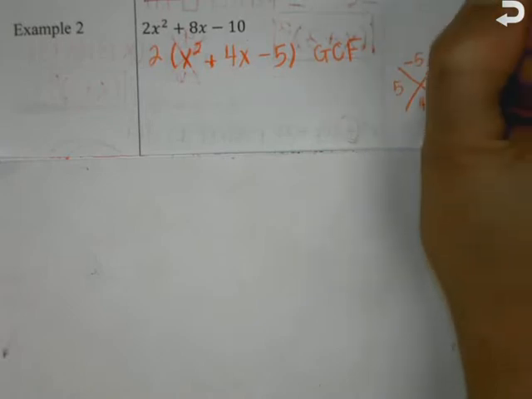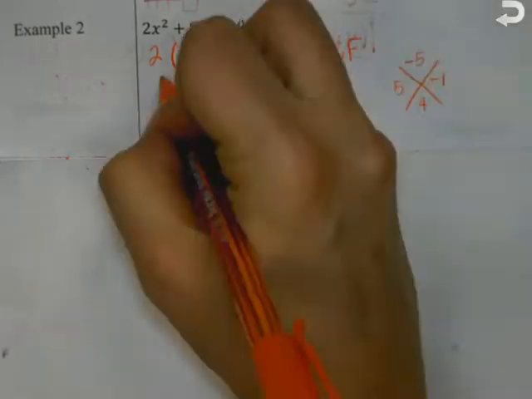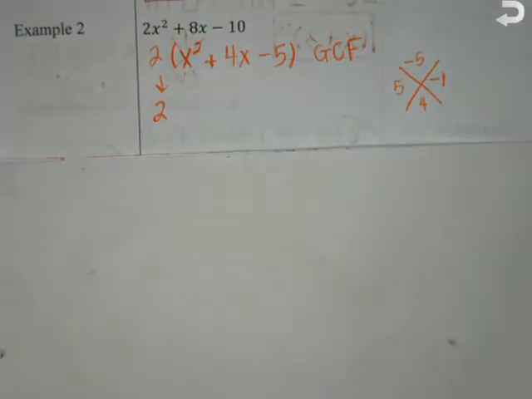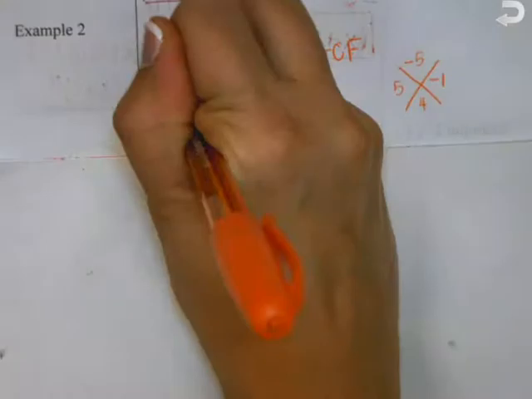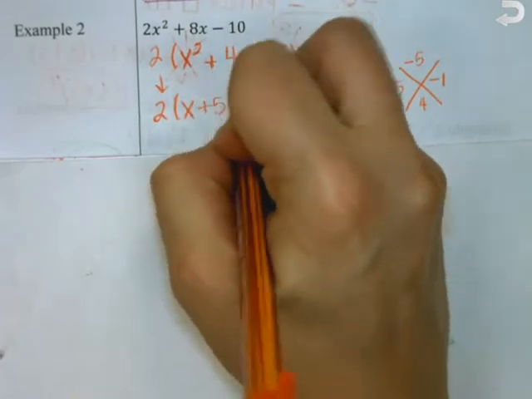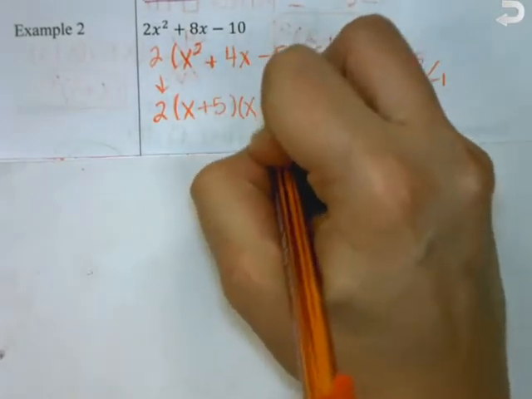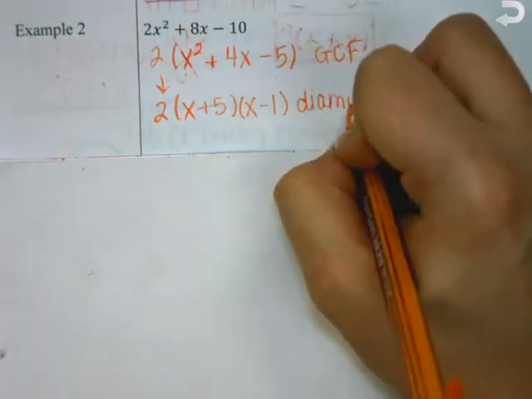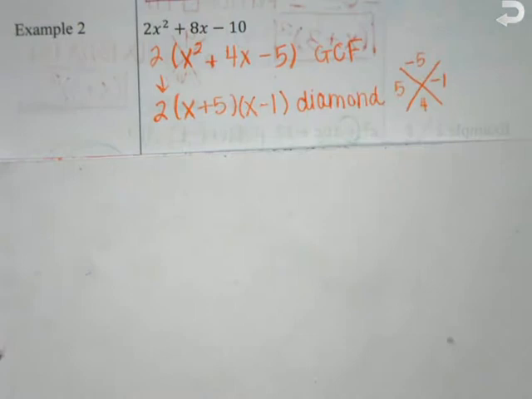So the 2 stays. So we have 2 times x plus 5 times x minus 1. And that was a diamond. And that's your answer. Okay.